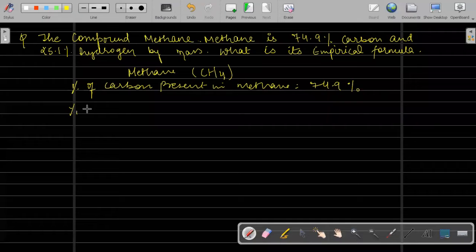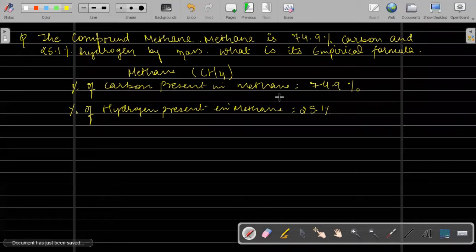And the percent of hydrogen present in methane is 25.1%, right? So firstly, you have to calculate the number of moles of carbon and the number of moles of hydrogen.